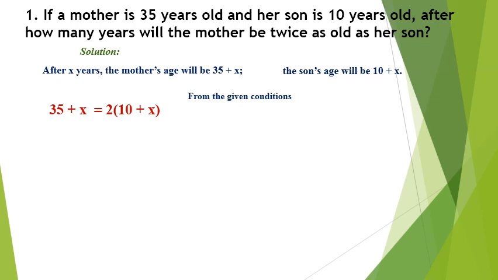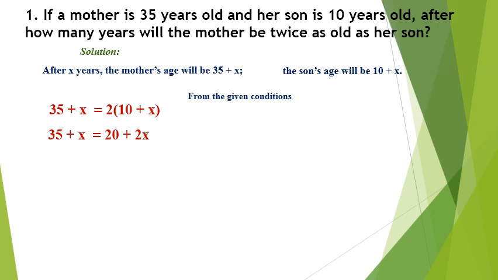And from this, we will now have to use the operations. Hence, we have to do 2 times 10, which is 20. And then we also have to multiply 2 into x. So we have 20 plus 2x.